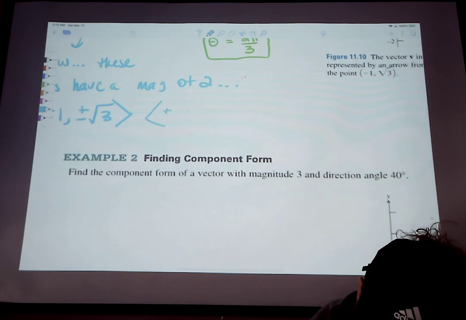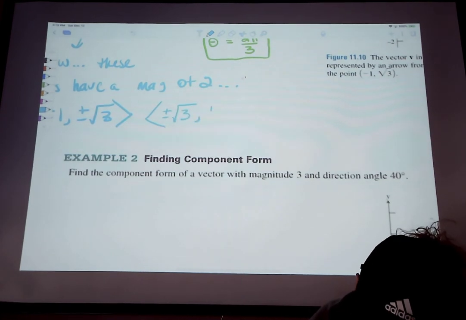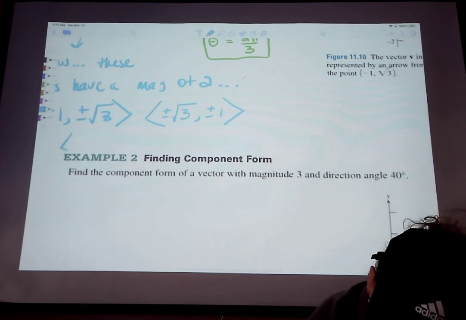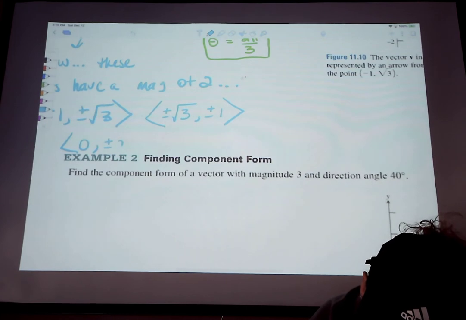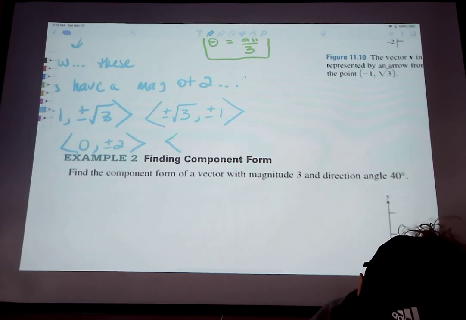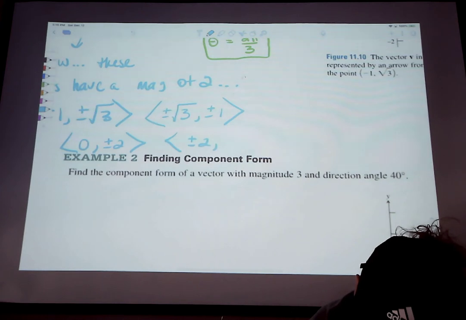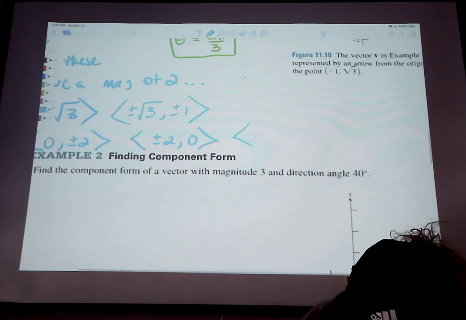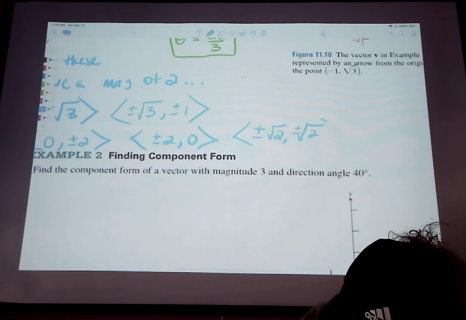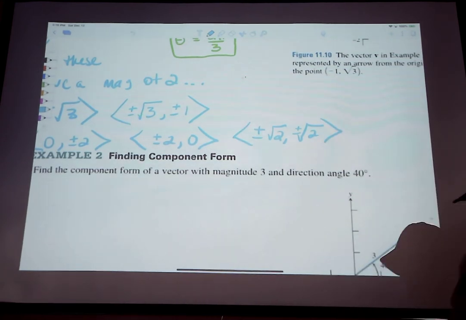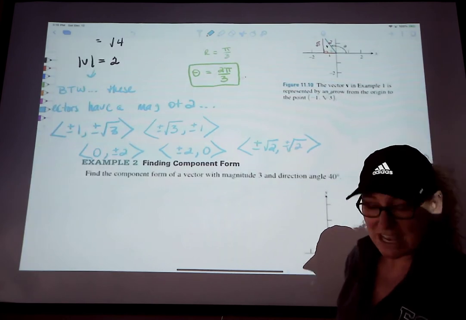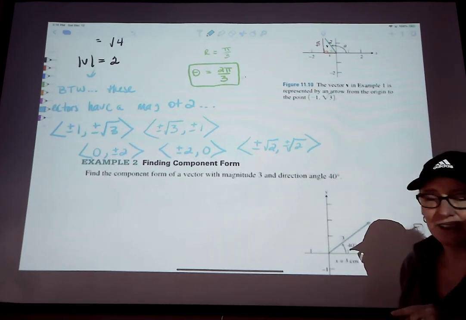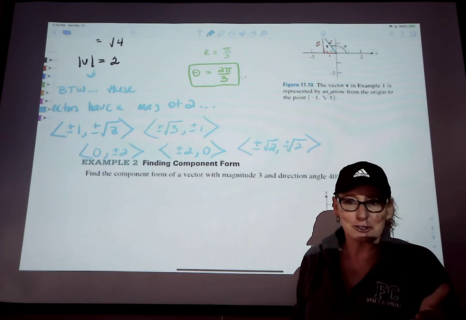This one has a magnitude of 2. This one has a magnitude of 2. They don't all have a direction angle of 2 pi over 3, but they all have a magnitude of 2.